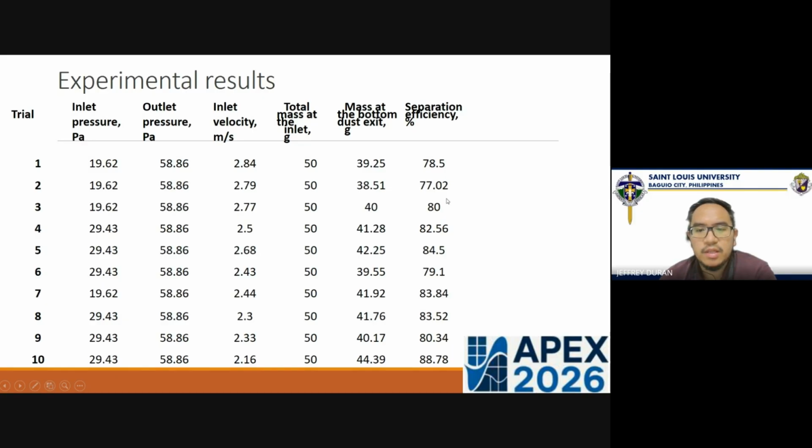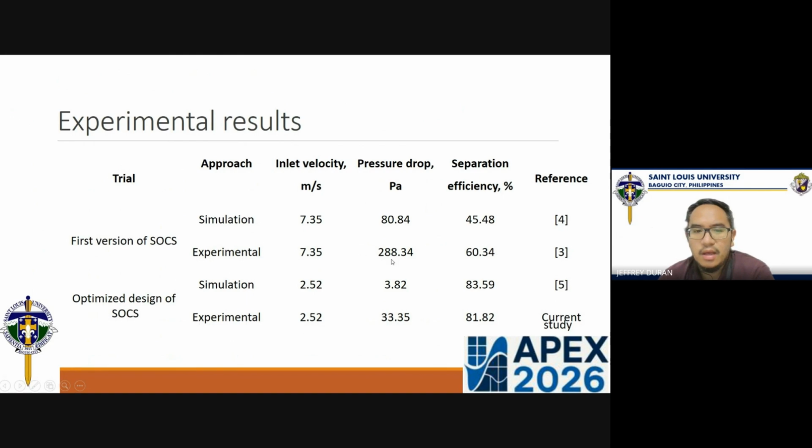Now, if we average that, we will be getting the measured 81.82 percent separation efficiency in our study. There's a close resemblance to the simulation efficiency, which is at 83.59 based on our CFD study.